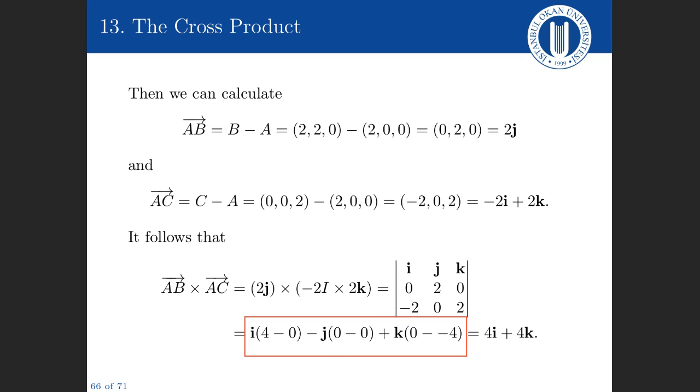i multiplied by u2v3 minus u3v2, or 4 minus 0, minus j multiplied by u1v3 minus u3v1, or minus 0, plus k multiplied by u1v2 minus u2v1, which is 0 minus minus 4. When we calculate this, you can check, we get 4i plus 4k.